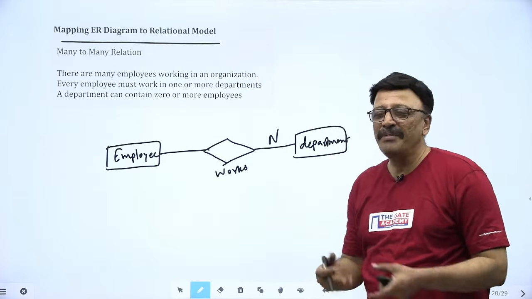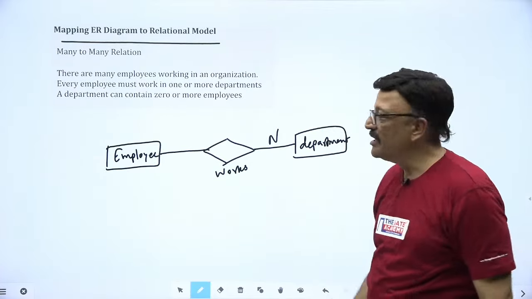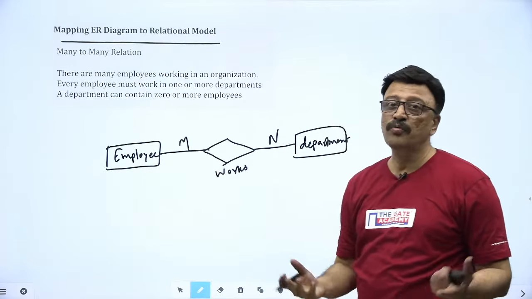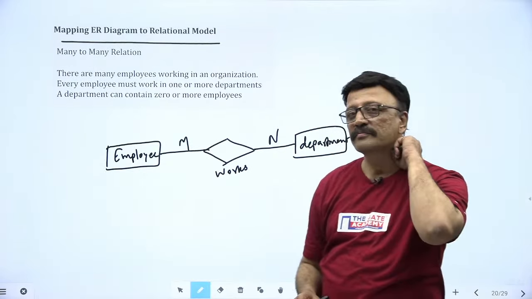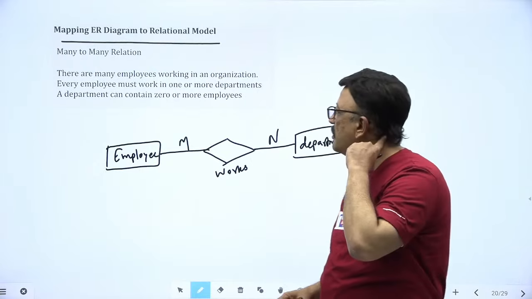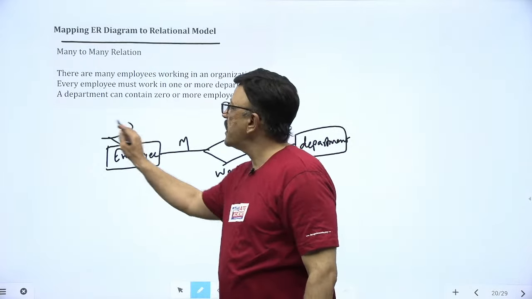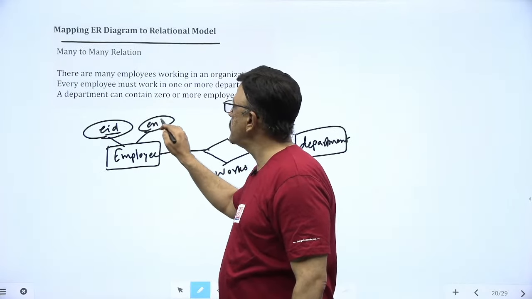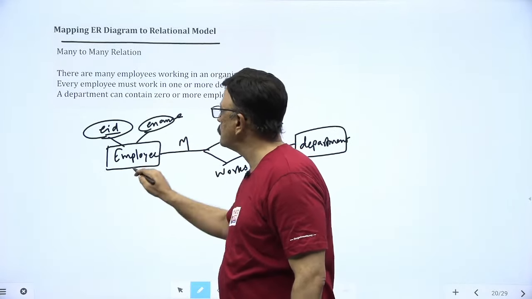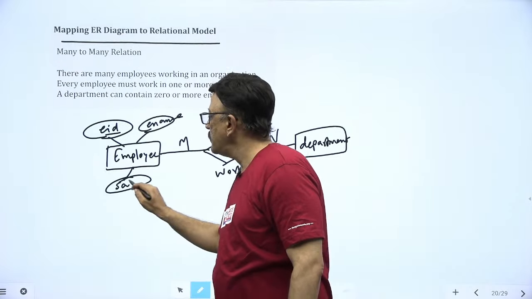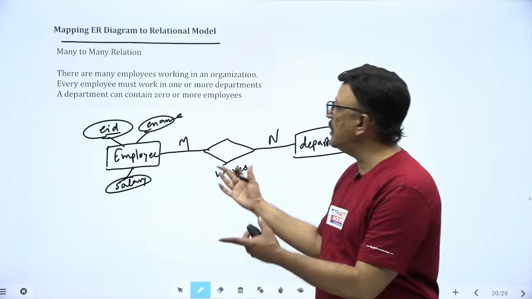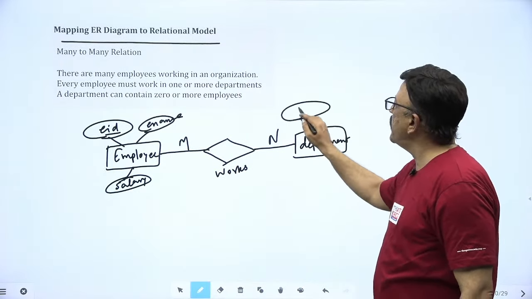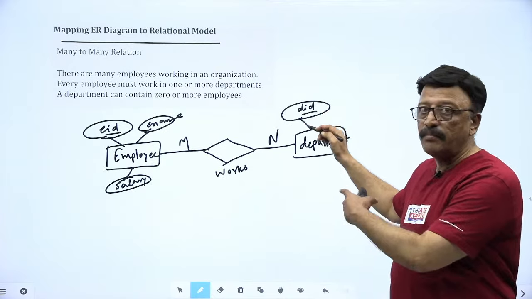So an employee may be asked to work for 6 departments maybe, and a department will definitely have many employees. So this was many to many, correct? And each employee is recognized by EID, e-name. Let's keep salary also, salary. So 3 attributes for employee, and department is recognized by DID. This is the key attribute, and dname.